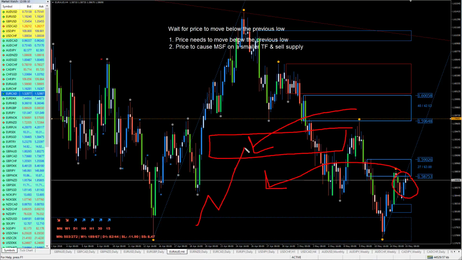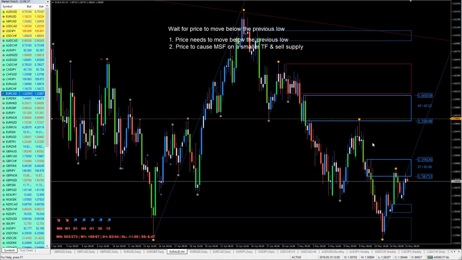So we want to go into here. We have the trend line, we move through it, and then I sell that nested area on the way down for a small trade. So that's what we're waiting on.